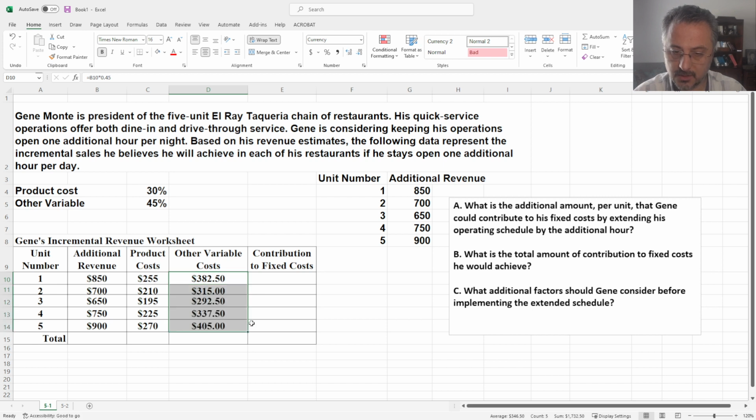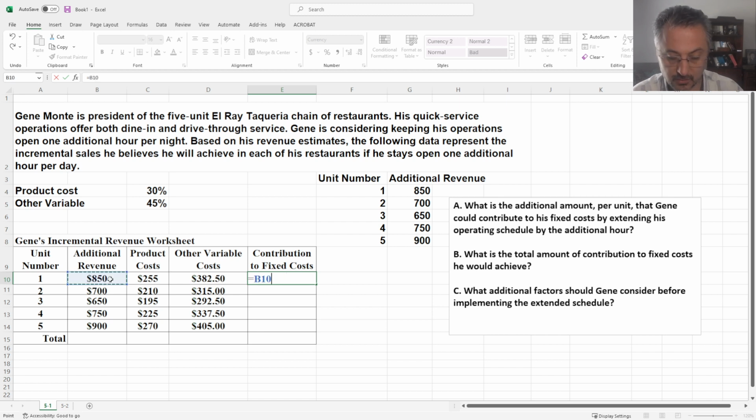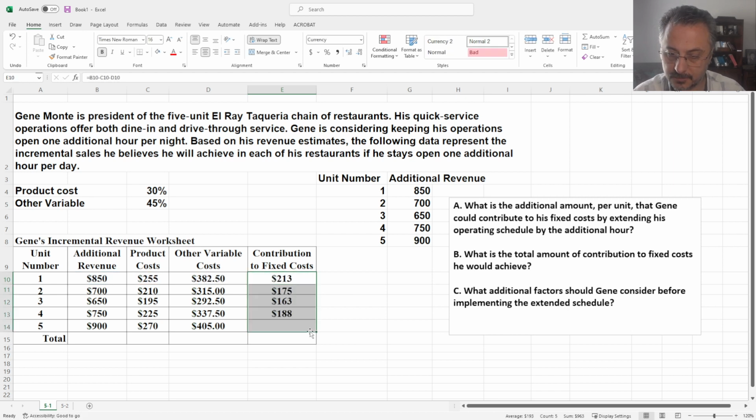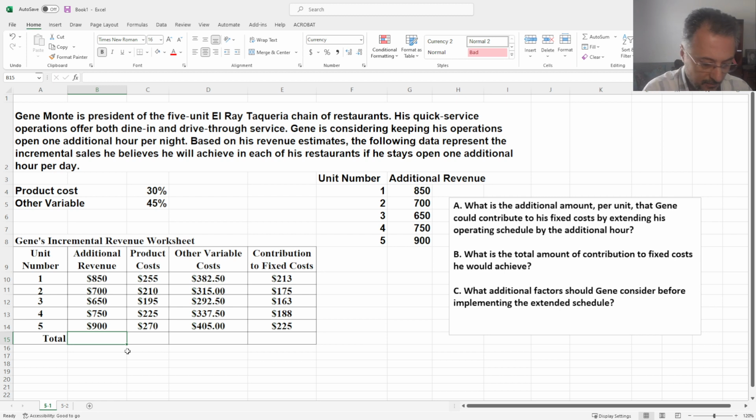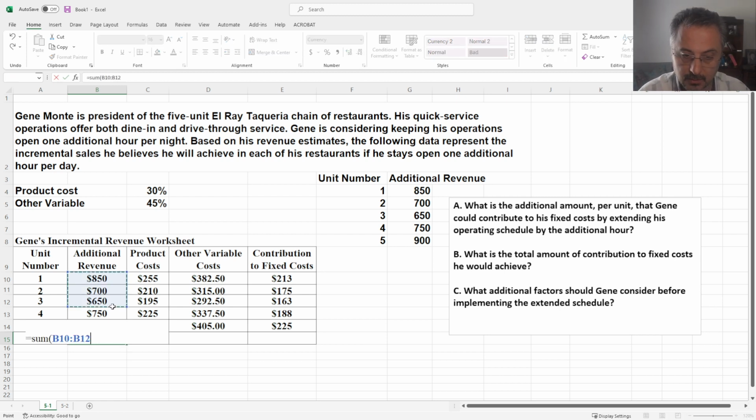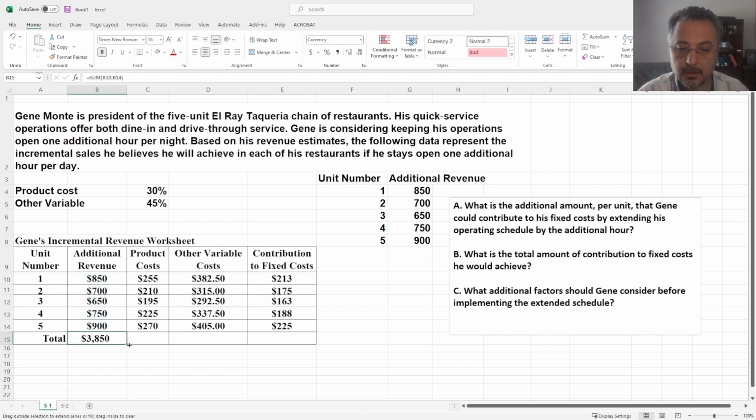Same thing we calculate for each unit. And the contribution to fixed cost for each unit is going to be additional revenue minus product cost minus other costs. Now, for the total, we're going to sum up all additional units. Okay, just be sure that this covers everything.